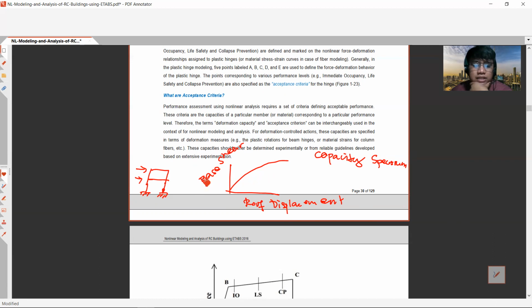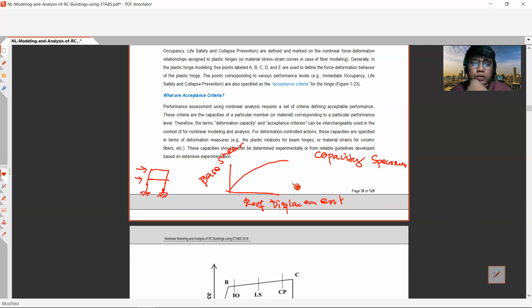Then next, this member has collapsed, so the analysis, or let's say ETABS, removes it. Then it iterates again to solve for the next plastic hinges and to create a collapse mechanism. It plots them one by one, with the equivalent base shear here. So this one is the capacity spectrum.